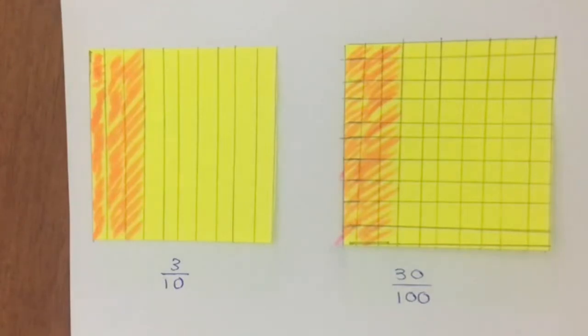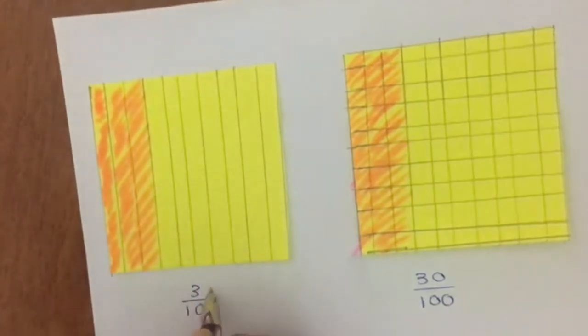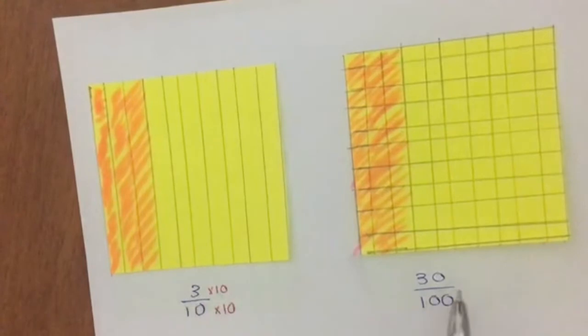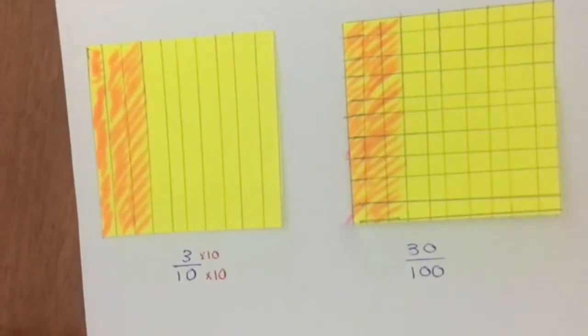Can I find a number such that when I multiply both numerator and denominator by it, I get 30 out of 100? Yes, I can multiply by 10. See, 3 times 10 is 30, 10 times 10 is 100. So I get the second one, so they are equivalent.